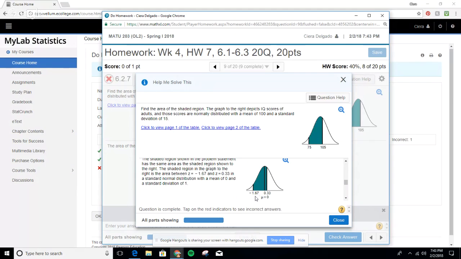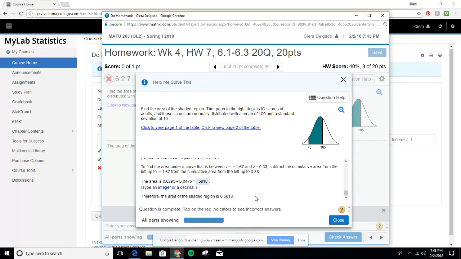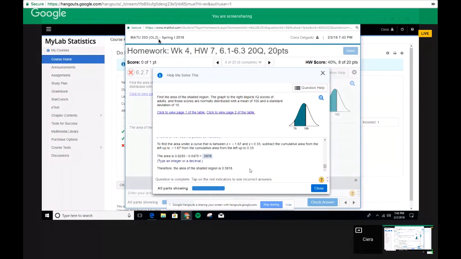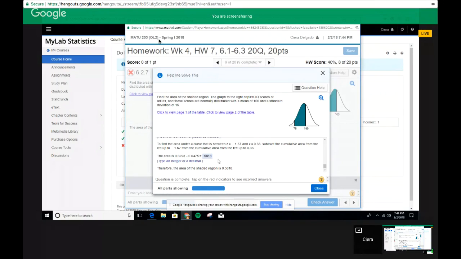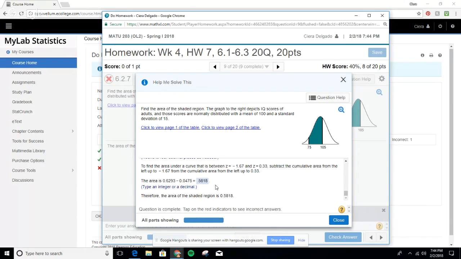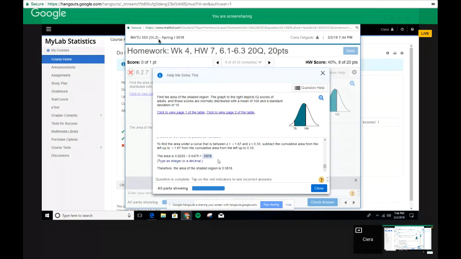Negative 1.67 is the low end. So 0.6293 is the high end. Let's say 62% minus 4% would be about 58%. Here's how I think about it: the people with an IQ between 75 and 105 are 58%. So more than half of the people are within that shaded region. Does that make sense?